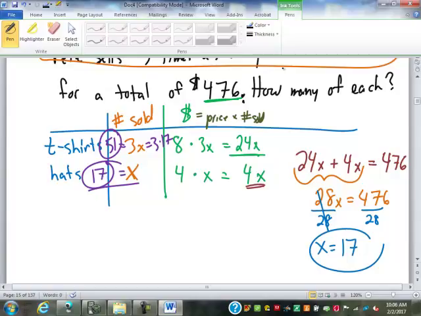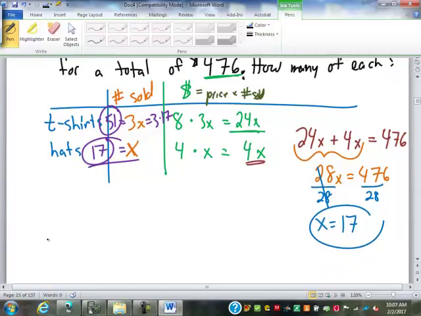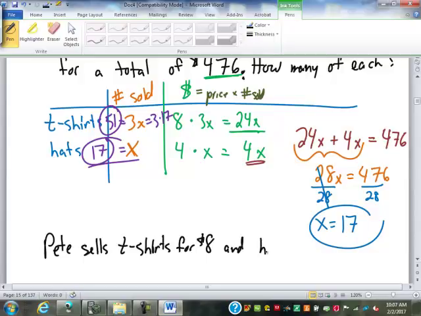Now we're going to look at another problem here. Has that same extra level. Actually, it's going to be the same problem. We're just going to define it in a slightly different way. So Pete still sells t-shirts for $8 and hats for $4.